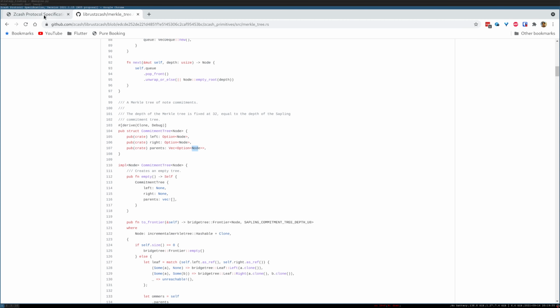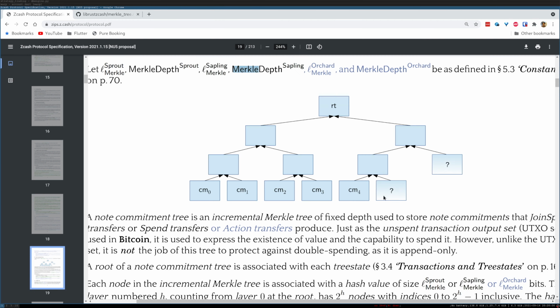So what you can imagine is basically the commitment tree is the stuff that I'm drawing here, this frontier, right? In the case of the tree that you see here, left would be CM4, right would be None because we have nothing here.